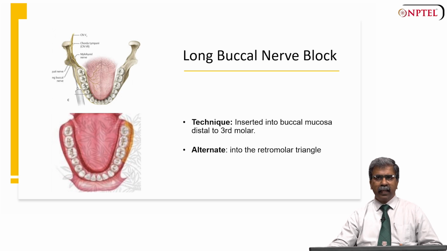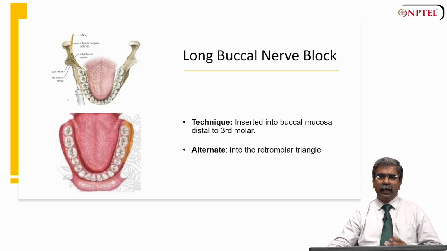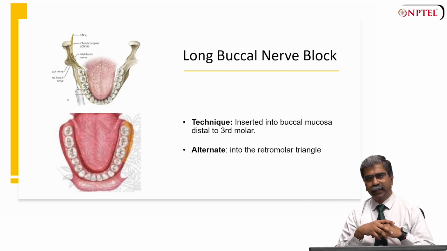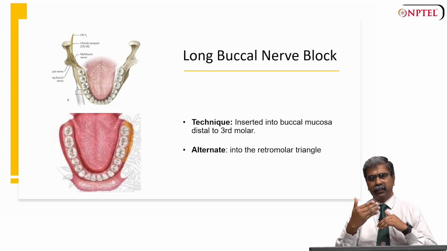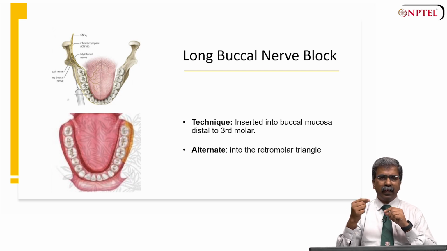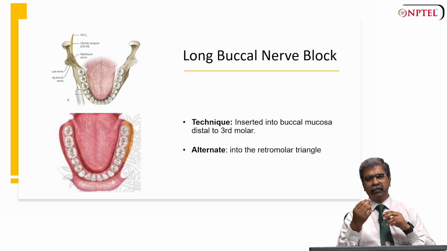Precisely the technique: position the patient with the mouth open wide to expose the posterior mandible. The needle is inserted into the buccal mucosa distal to the third molar, or it can be just buccal to the mandibular molars, the first or second or third molars, and using a small gauge needle, penetrate the mucosa at an angle parallel to the occlusal plane and insert the needle to a depth of 2 to 4 millimeters.